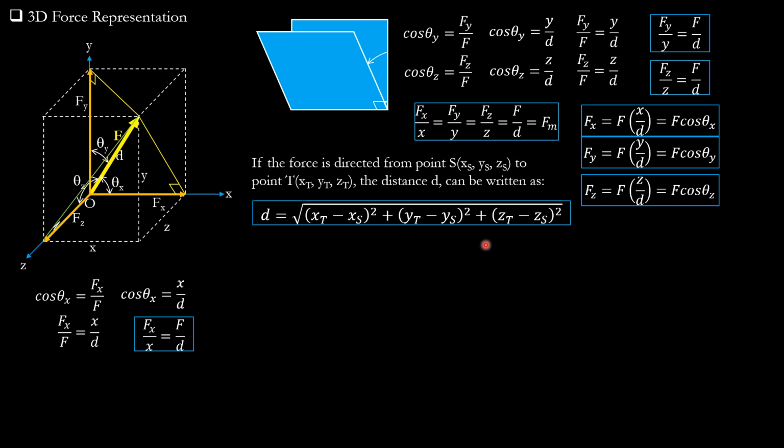If it is 3D, we just include zt minus zs squared. Delta x would be this, supposedly, if this is S and that is T. This is delta x, this is delta y, and this is delta z. So this diagonal would be the square root of delta x squared plus delta z squared, or the square root of the quantity xt minus xs squared plus zt minus zs squared.